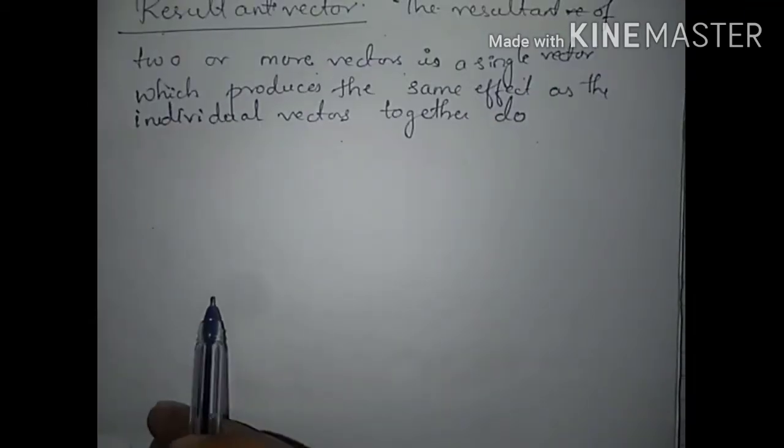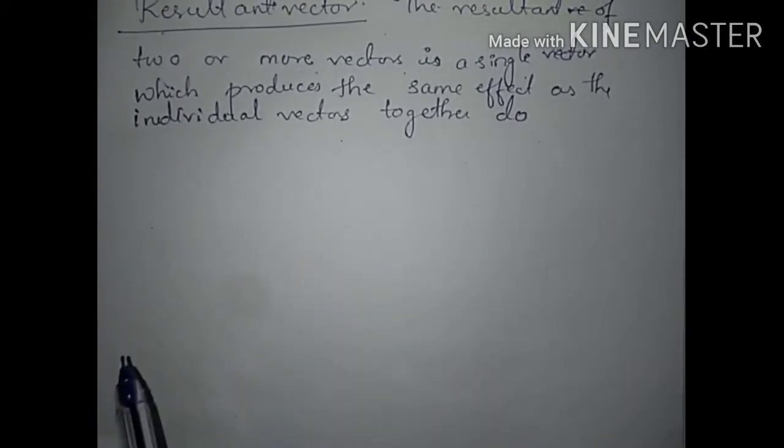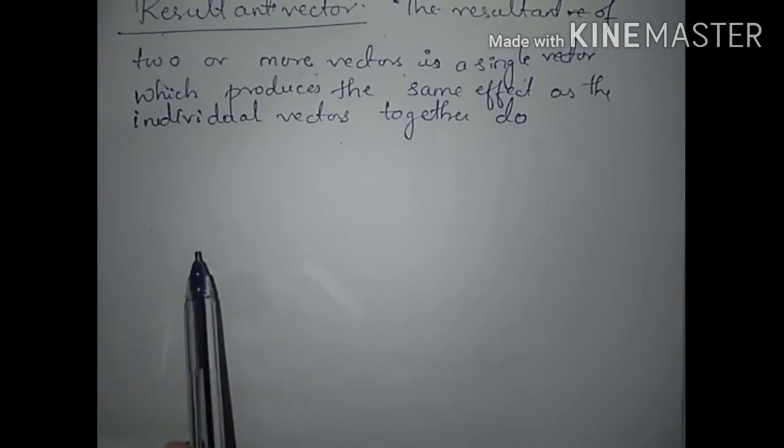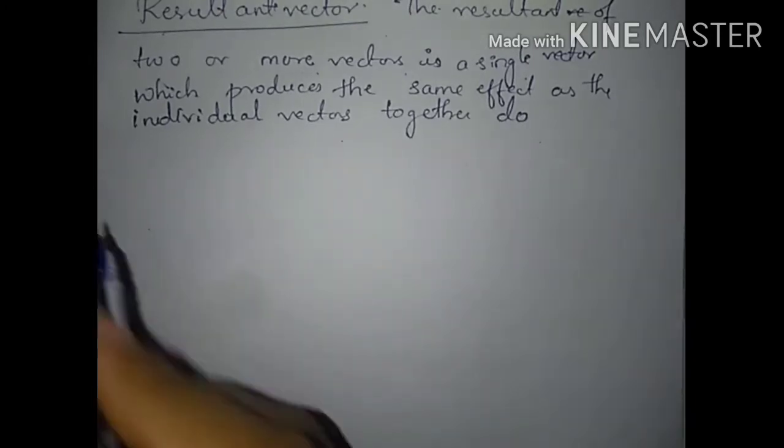Now if you have two vectors which are pointing in different directions, then you can add these two vectors by using laws. The first law is the triangle law of vector addition.